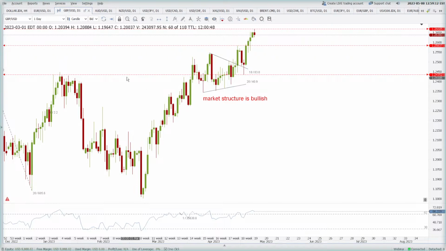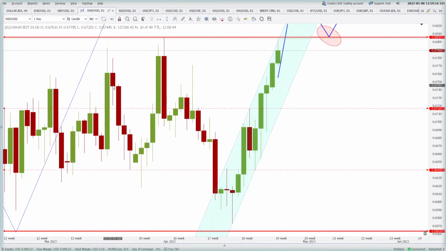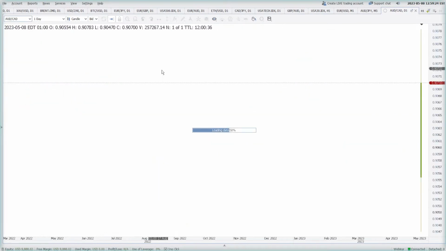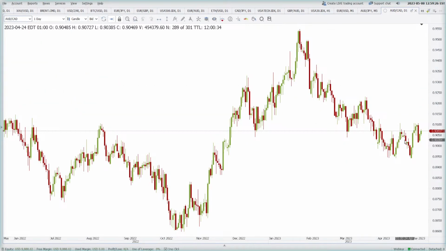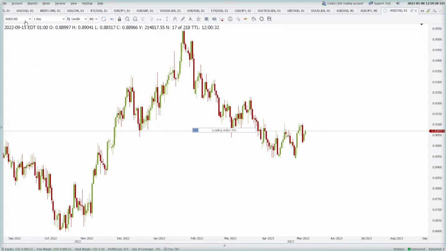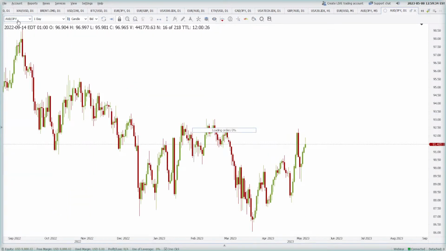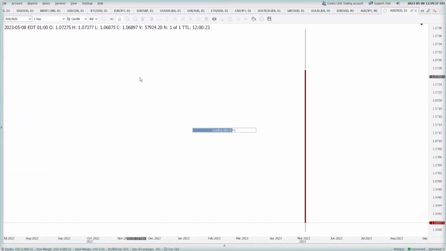For example, I will give you one example now. The Australian dollar is going up against the US dollar, but if you see, today the Australian dollar is going down against the Canadian dollar. No, here also it is up. I'm sorry about that. Against the Japanese yen also it is going up. Against the New Zealand dollar it is going down.